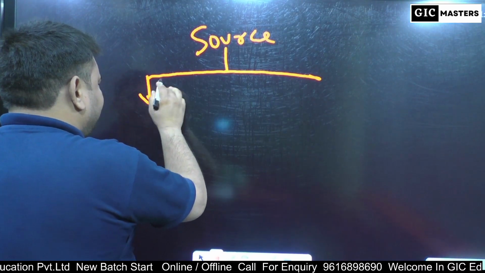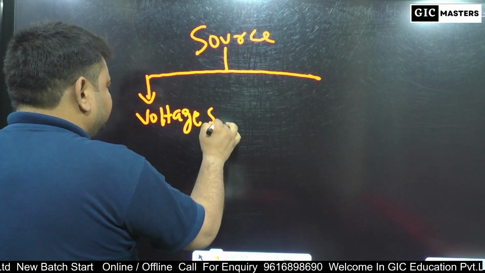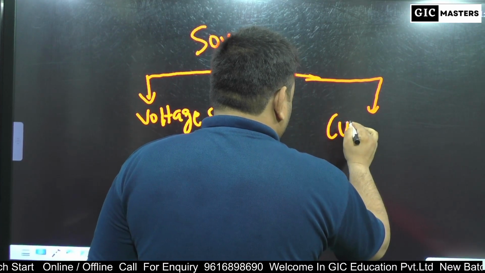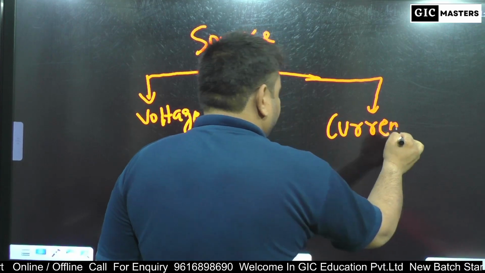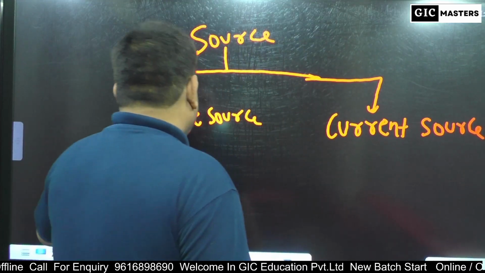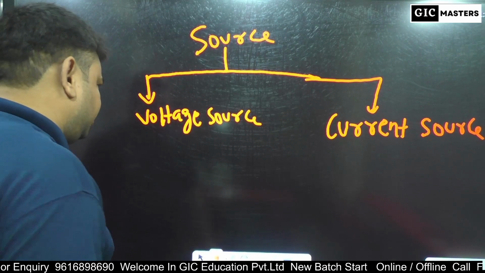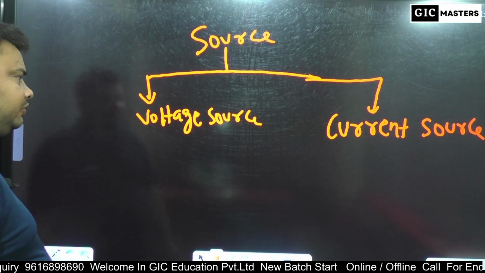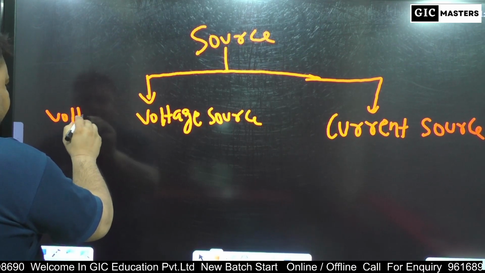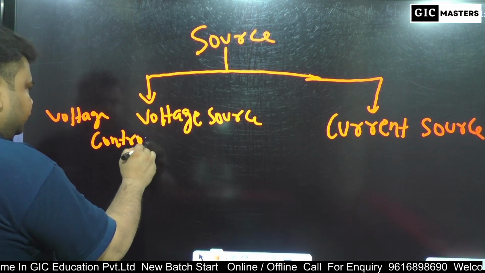Here we write voltage source, here we write current source. There are four types of source. One is voltage controlled voltage source.